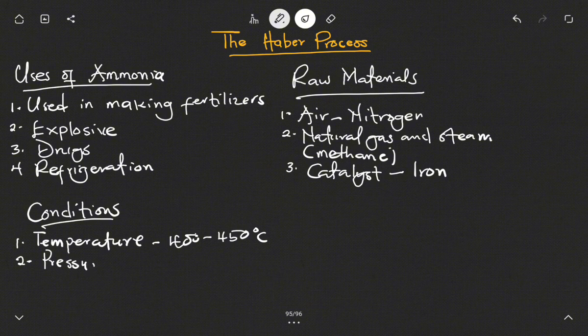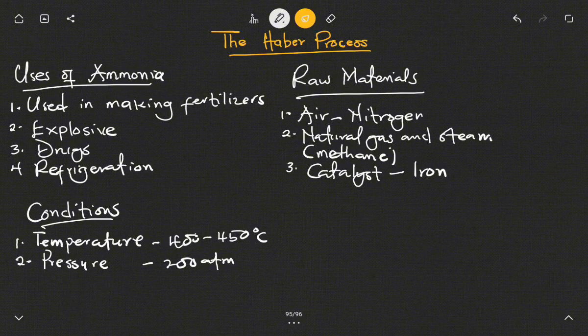Remember, we are dealing with gases, so we need a pressure of 200 atm. And I've already mentioned the catalyst. So the catalyst is the iron. Alright, so these are the things that we need for us to be able to make ammonia.